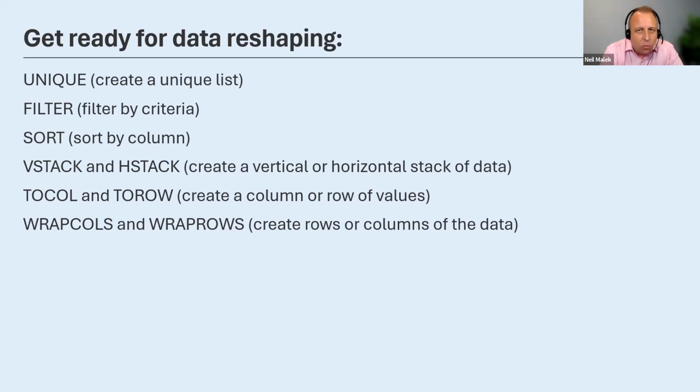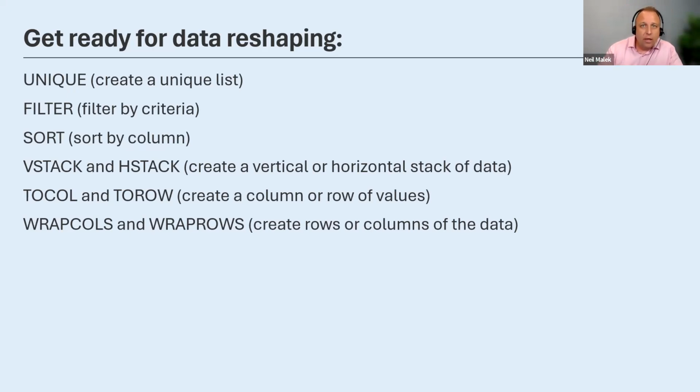And then we get into some weird ones. So VSTACK and HSTACK. Everybody, V always stands for vertical, H always stands for horizontal. So if you have a bunch of data sets and you want to stack them on top of each other vertically, or you want to stack them next to each other horizontally, you would be able to use VSTACK or HSTACK. I just don't see myself using HSTACK very much, but VSTACK is very interesting.